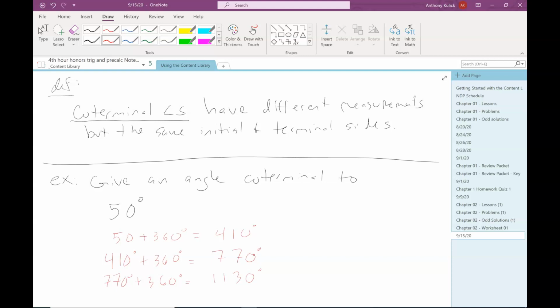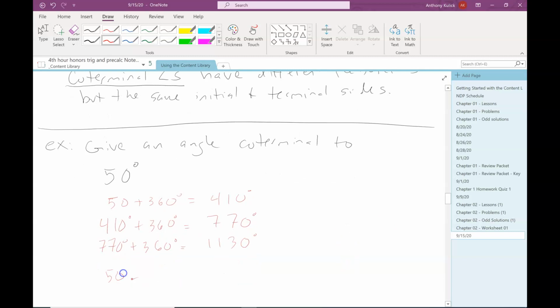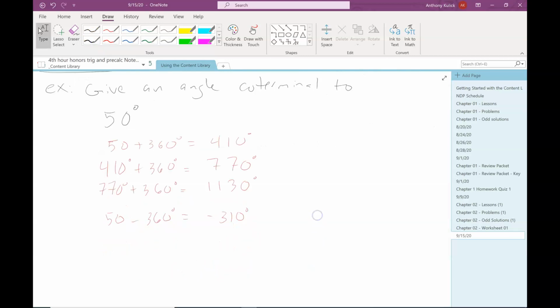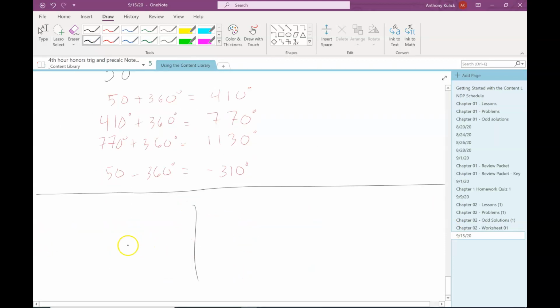Is there anything magic about the act of addition? Could I have subtracted? Yes. But what does a negative angle mean? Well, if I take my initial side and I want negative 310, instead of rotating counterclockwise, I will just rotate clockwise.